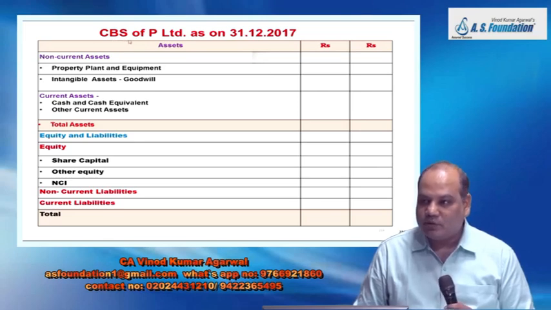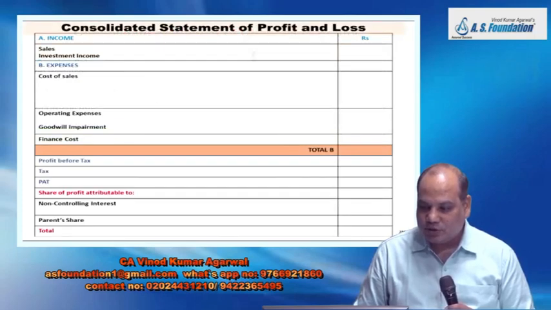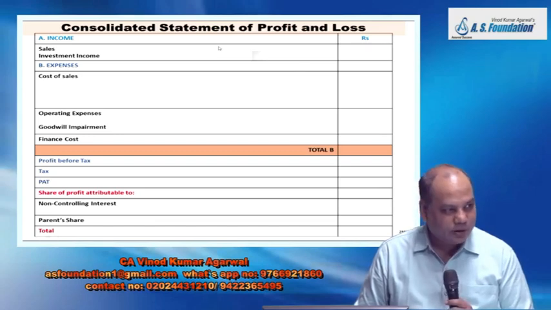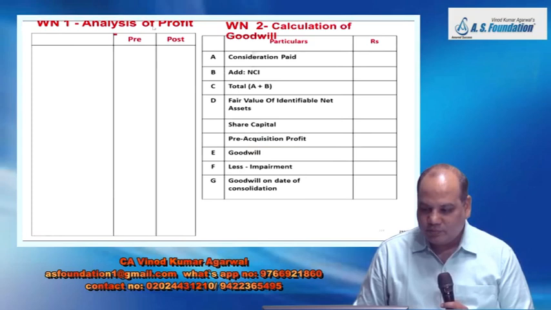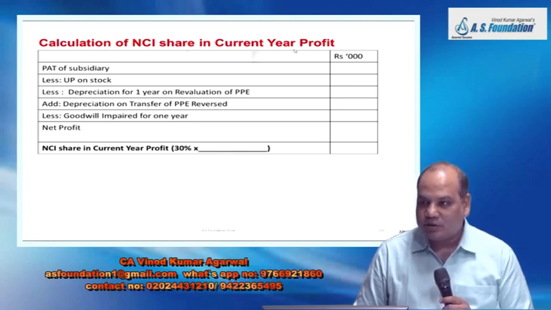Check consolidated balance sheet of P Limited, consolidated statement of change in equity, consolidated statement of profit and loss. 3 main formats, followed by one analysis of profit and calculation of goodwill working. And then one small working note will be prepared for finding out the share of NCI in the current year's profit. Because profit and loss account is for 1 year.